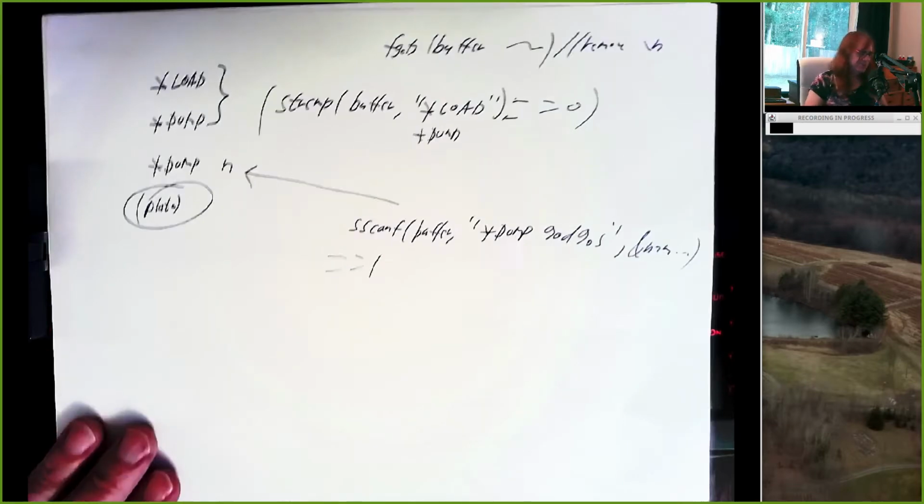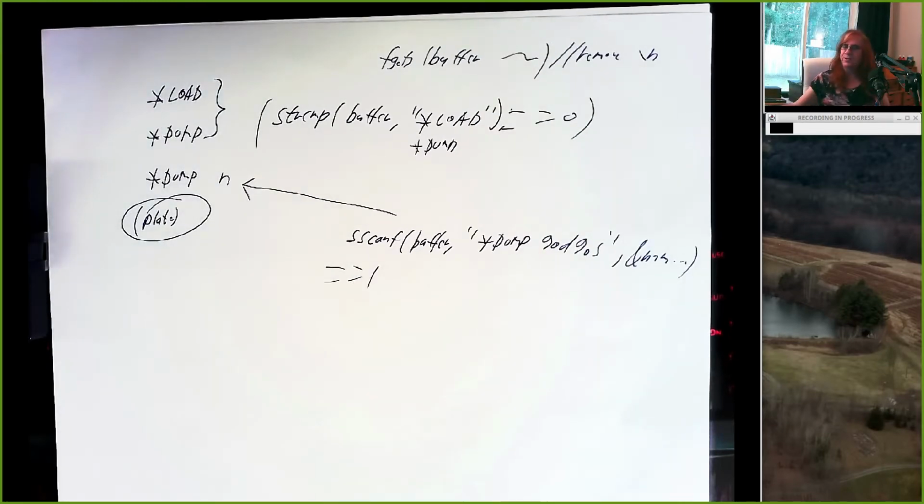So flowcharting can help to see how I'm going to go through these different possibilities. Or pseudocode or something. But the way you do this can drastically change how complex your code is.